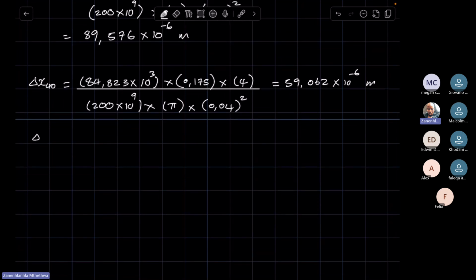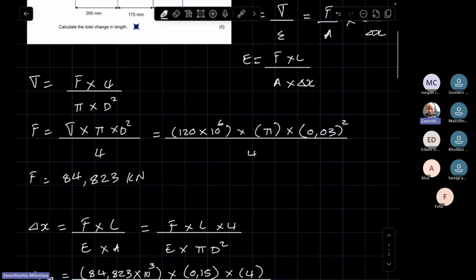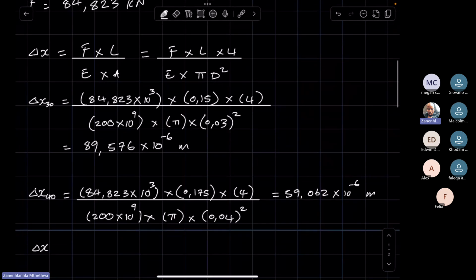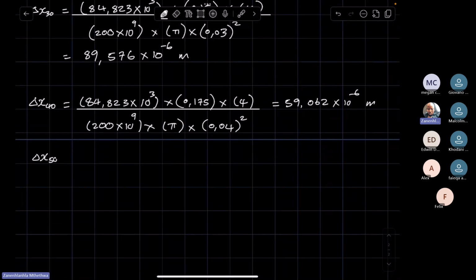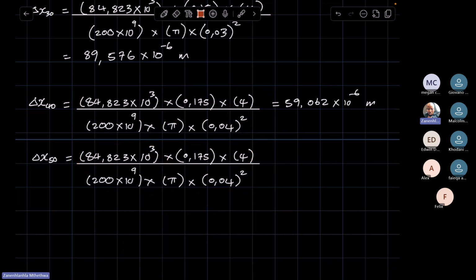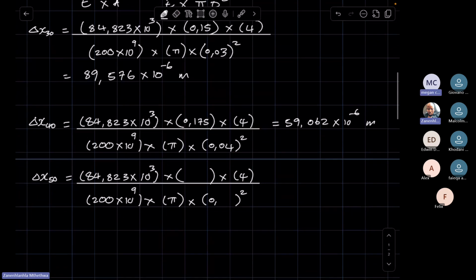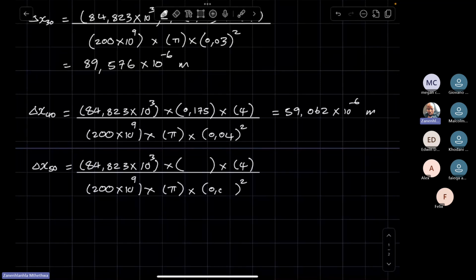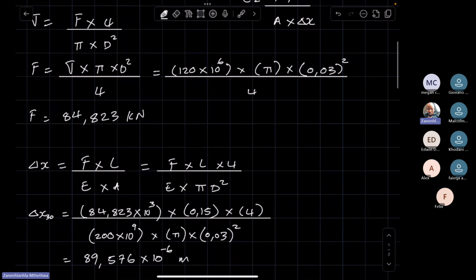And then you calculate the last one, 50 millimeters. So essentially the same formula, with changes in the length and the diameter. The diameter is now 50, so 0.05.